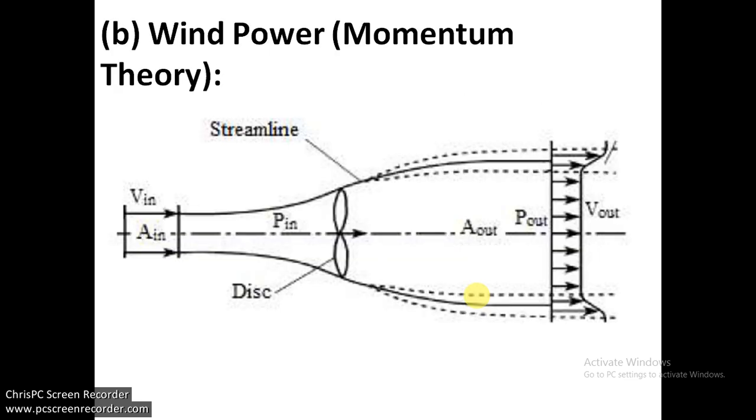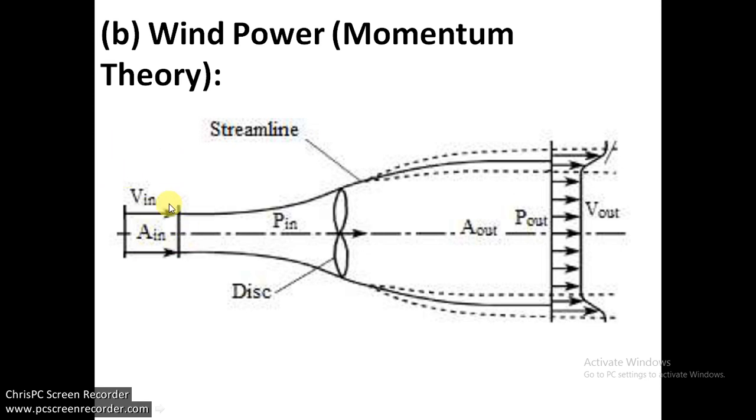Next is the mechanism, how it works. As you can see here, this is the rotor of the wind turbine. This is the area of cross section of the inlet, and this is the area of cross section of the outlet.